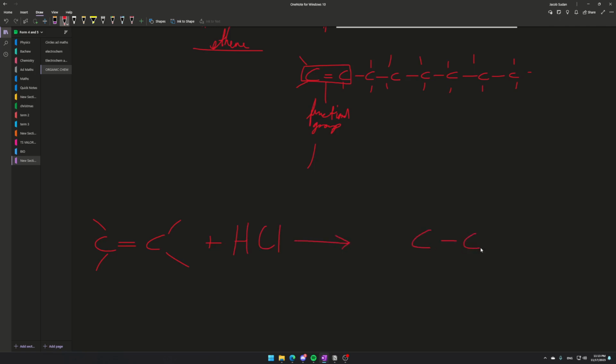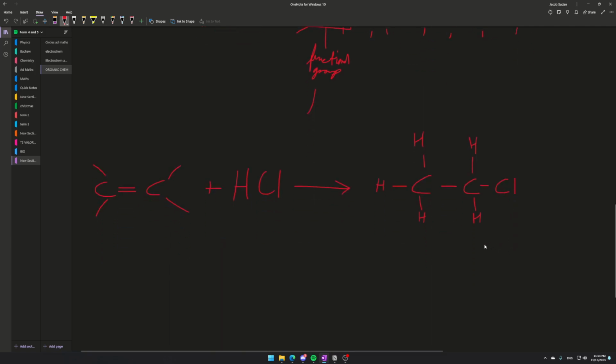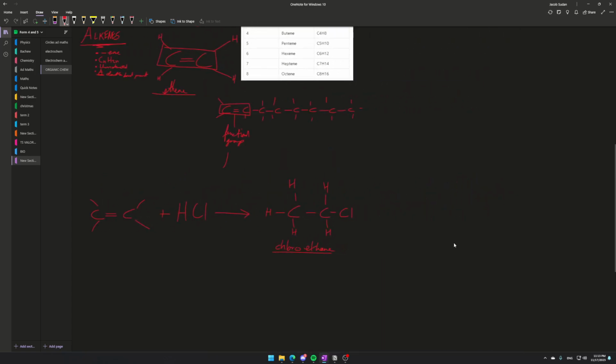The double bond breaks. We still have the hydrogens, but now there's one more hydrogen and a Cl. We will call this chloroethane, not ene because the double bond is broken.